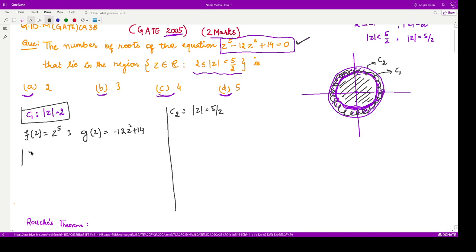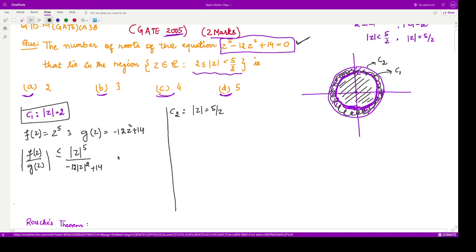If I evaluate the modulus of f of z divided by g of z, that would be mod z raised to power 5 over the modulus of minus 12 z square plus 14.